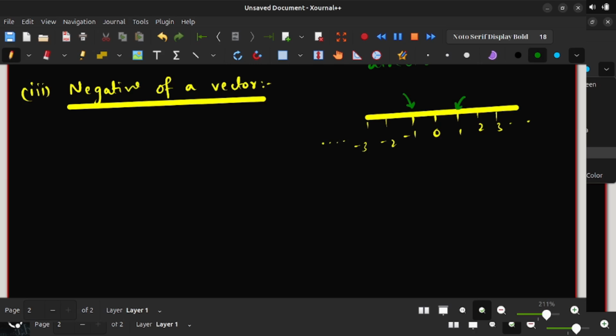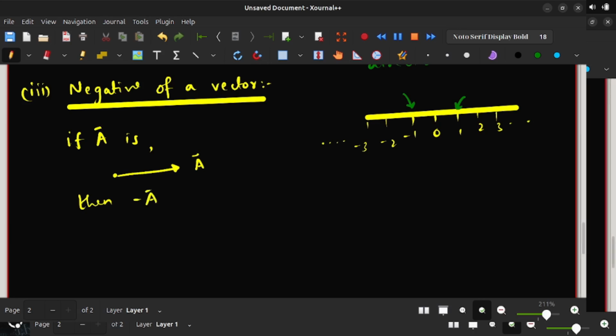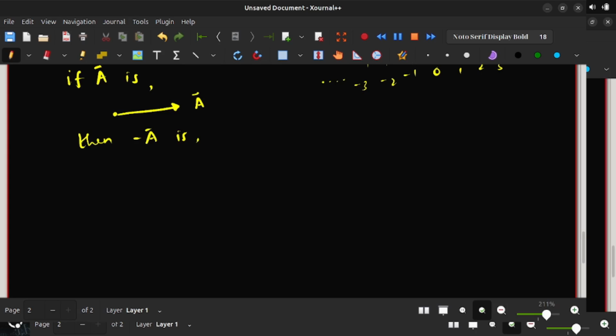So the negative of a vector is something like this. So you have a vector. I'm going to tell you geometrically how it is. We will define it much more formally when I talk about how to find the magnitude of a vector and how to write the unit vector. For now, if I have a vector like this, this is my A vector, then minus of A vector is, the length will be the same, but the direction will be completely different.